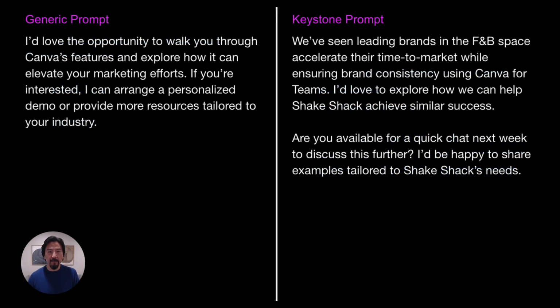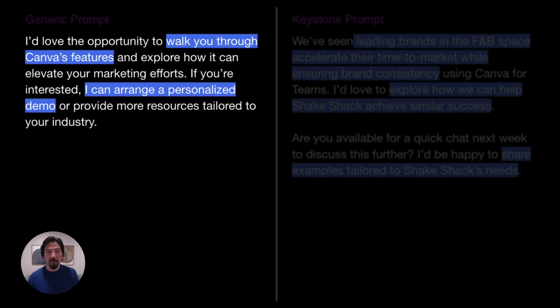Finally, let's examine the all-important call to action. By now, you can see a pattern start to emerge. The generic call to action, or CTA, is all about Canva and lacks any references to Shake Shack's business or their challenges. The ask for a demo relies on the individual's curiosity about Canva rather than their curiosity about solving their own business problem. So at best, this CTA will resonate with a low-level end user who's just looking to add yet another tool to play around with.